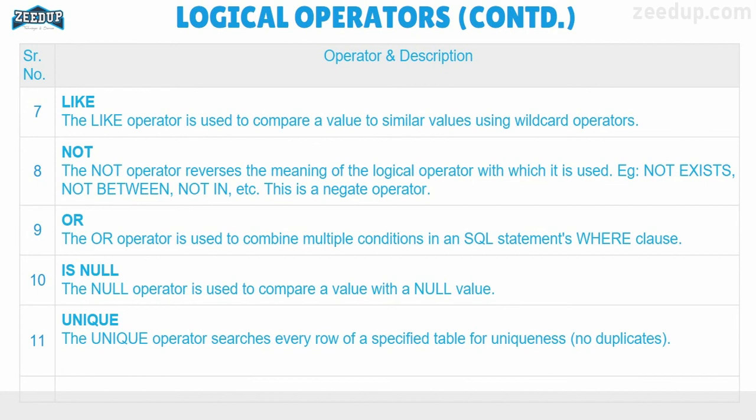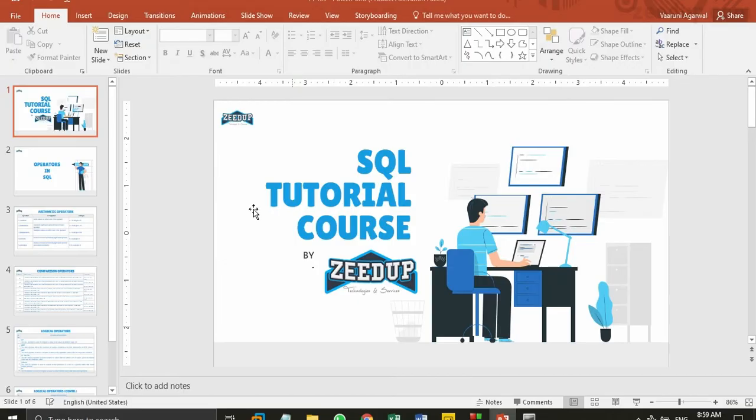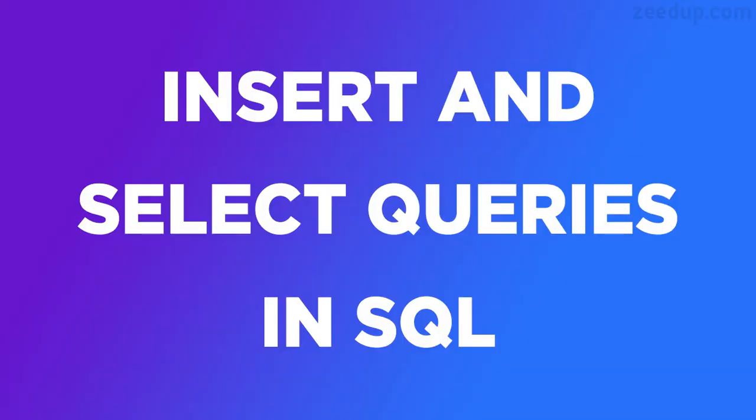If they are, then this condition is met for the unique operator, otherwise the condition is not met. So it is used to check that no duplicates are present. So these are the different types of operators we have in SQL, and using these operators we can perform multiple operations over the SQL queries.